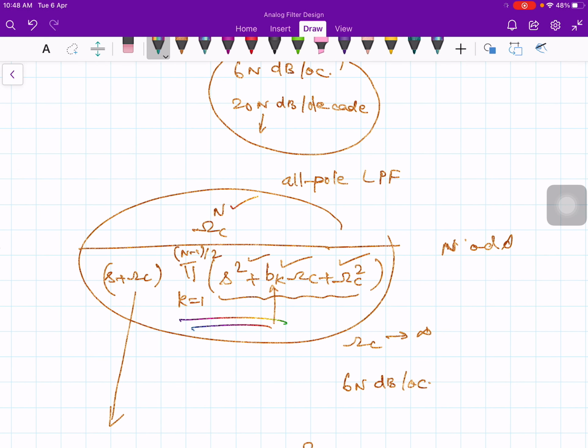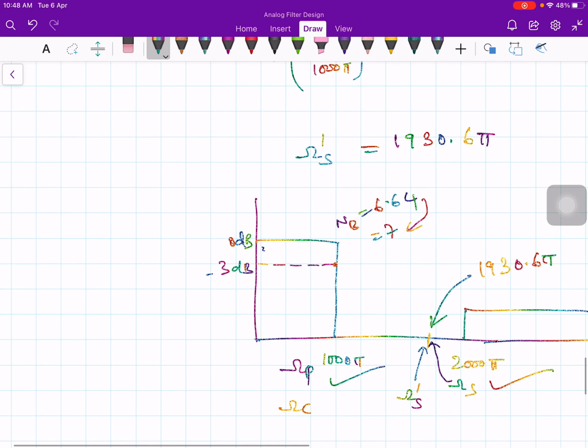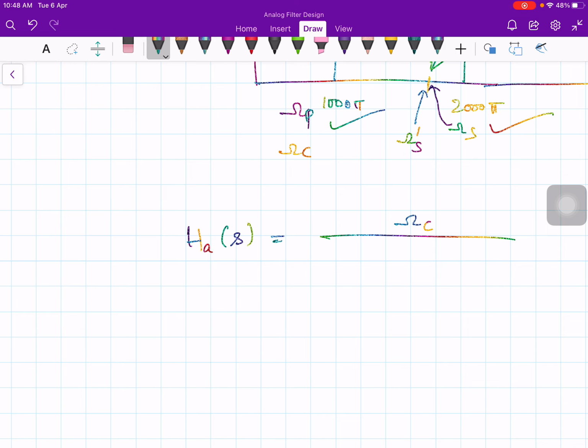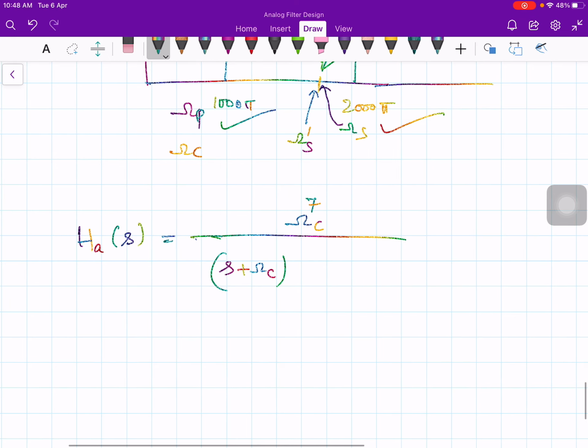The same thing we are going to apply here. So in the numerator, omega c to the power 7, and then you have one first order factor because the order is odd, and then multiplied by the product for k equal to 1 to 7 minus 1 by 2, that is 3, of a squared plus bk omega c s plus omega c squared.